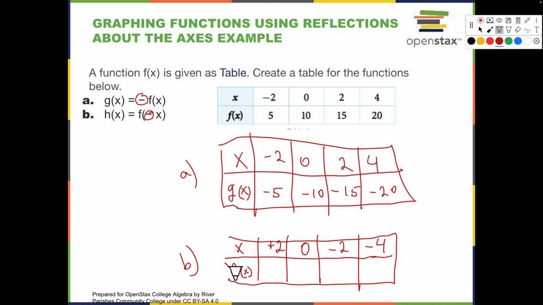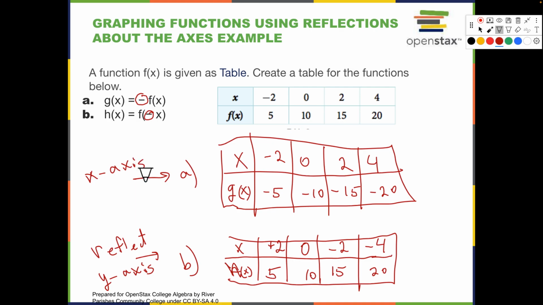Oops, this should be h of x. The y's don't. And if you were to graph those points, you would see that this is a reflection over the y-axis, and that this one, when you change the y values, is a reflection over the x-axis. So there's kind of that opposite. Change the y's, you're going to reflect over the x. Change the x's, you will reflect over the y.